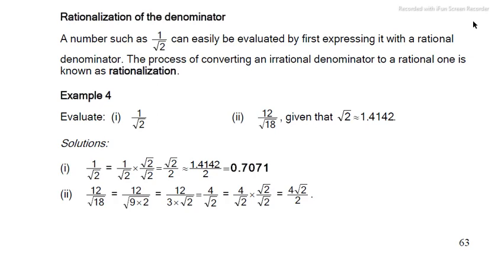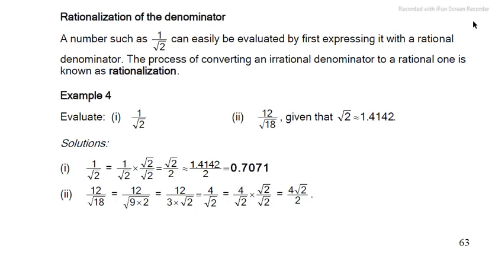Hence, in doing so, we are converting root 2 into a rational number. You realize that if we multiply root 2 times root 2, then we shall get 2, which is a rational number. In doing this, we are rationalizing the denominator of the fraction. So we shall end up with root 2 over 2. That is how we shall rationalize the denominator of the fraction.